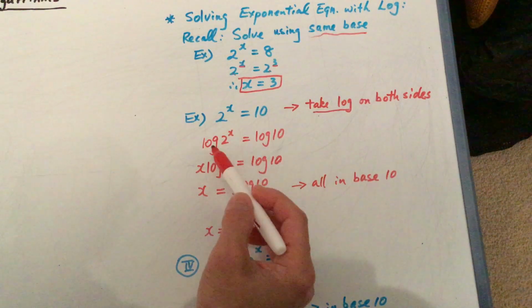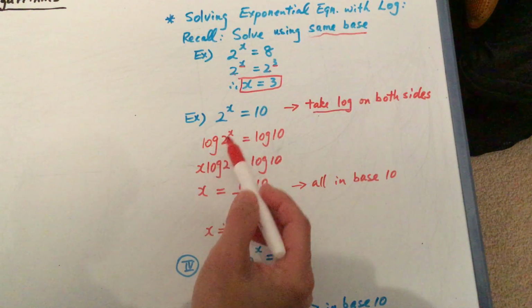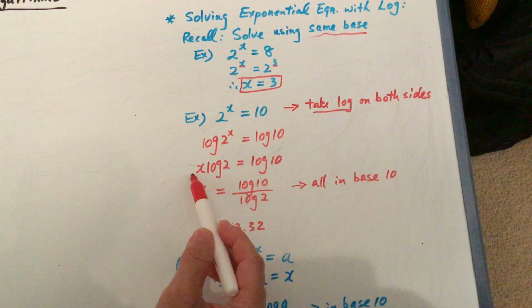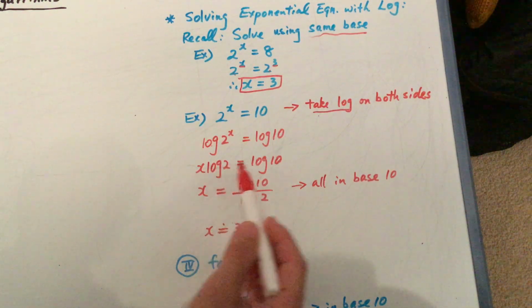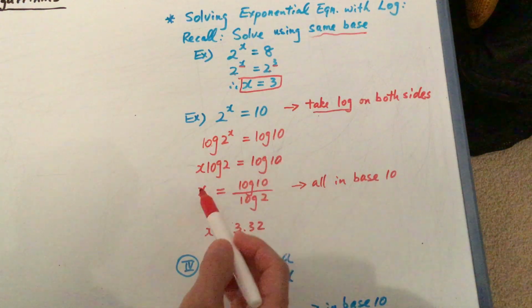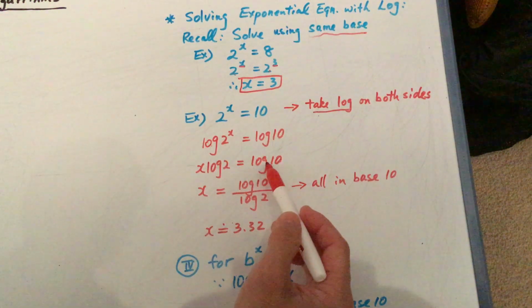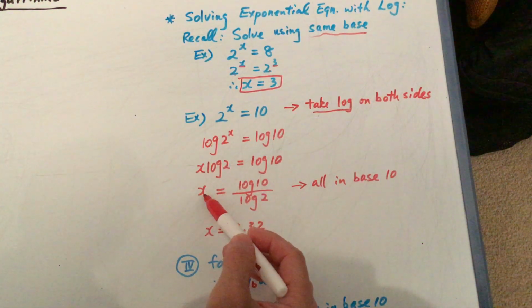basically, because of the power law, I know that log 2 to the x is the same as when you bring the exponent down in front of the log. So you have x times the log 2. Here you have nothing, so still a log 10. Solving for x means you divide both sides by log 2. So log 10 over log 2 is going to be equal to x.